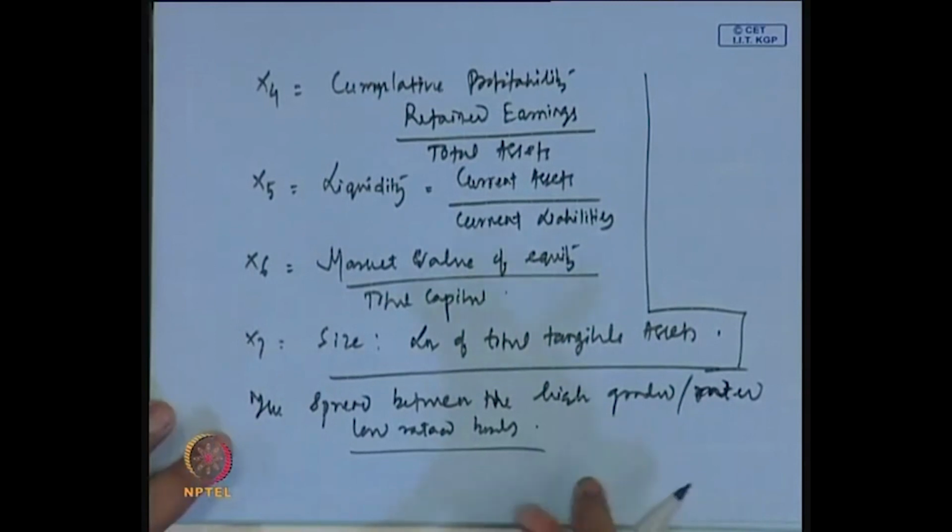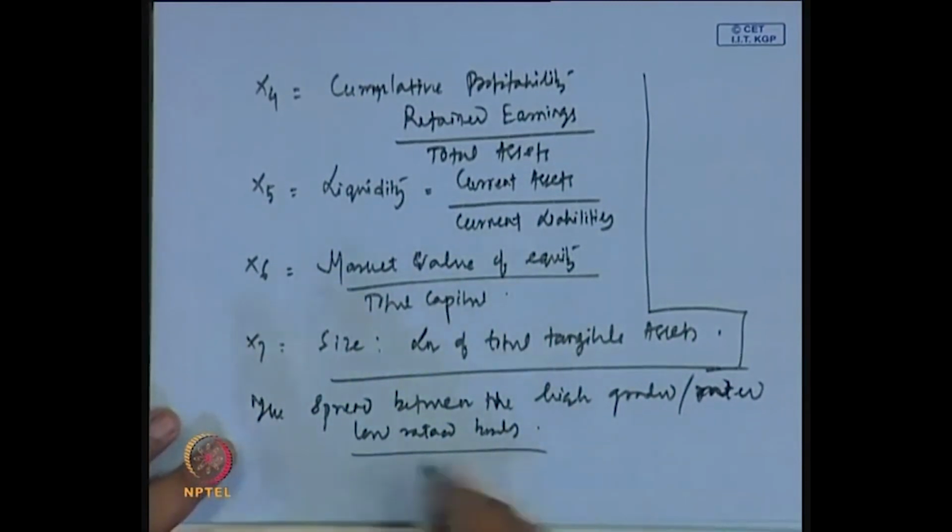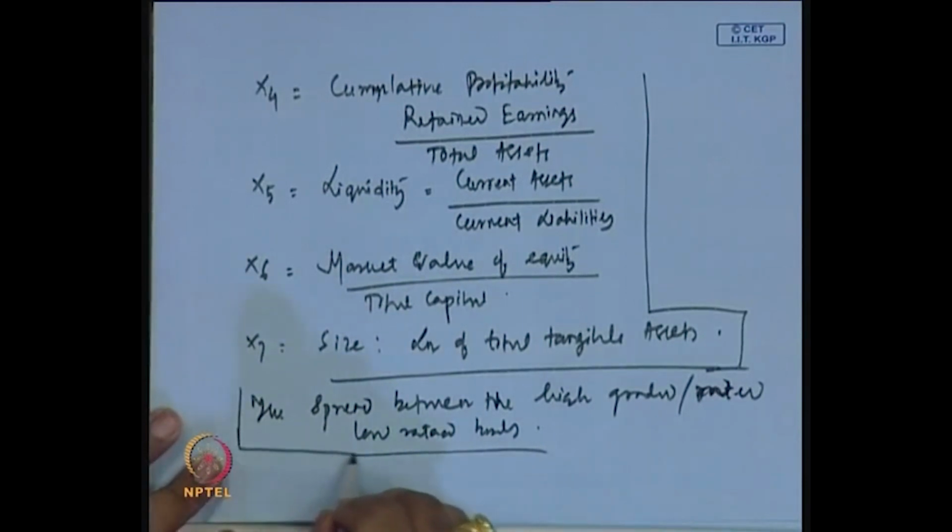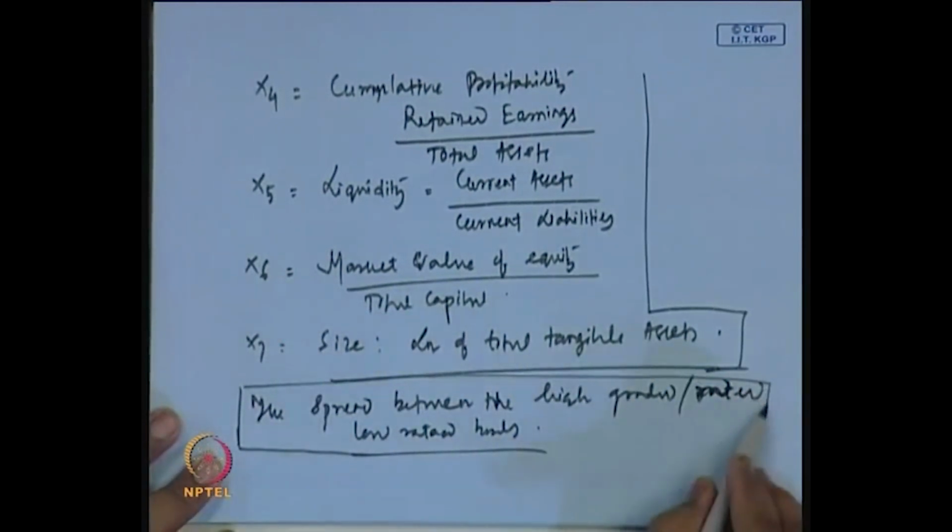So, what it means is that in a different time period, the spread between different bonds, even if they have the same term to maturity, will be different on the basis of their credit rating or on the basis of their other aspects.